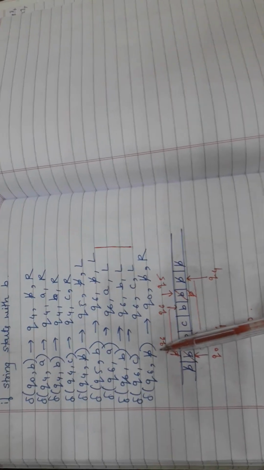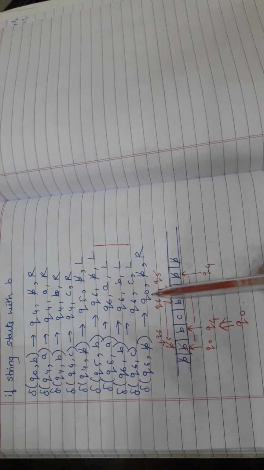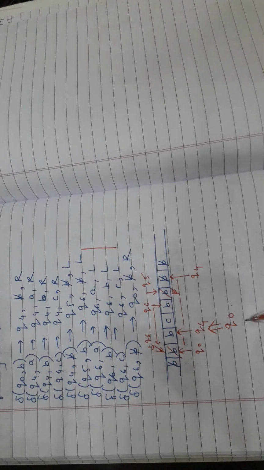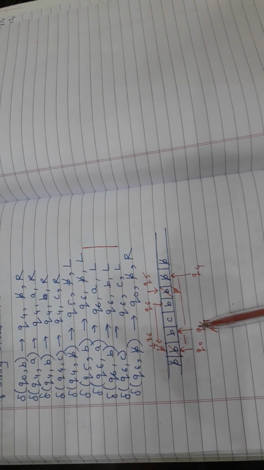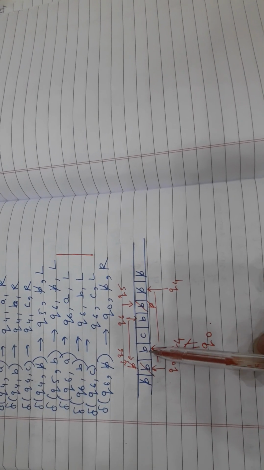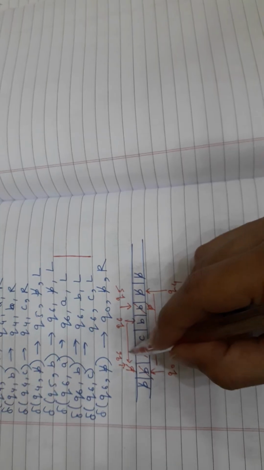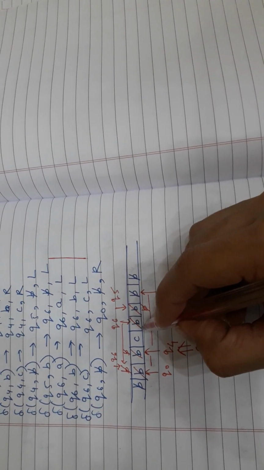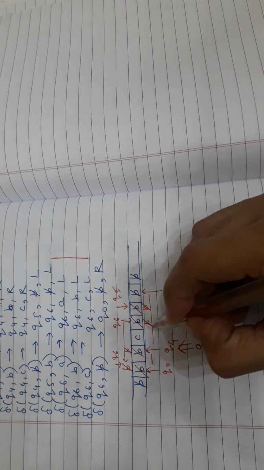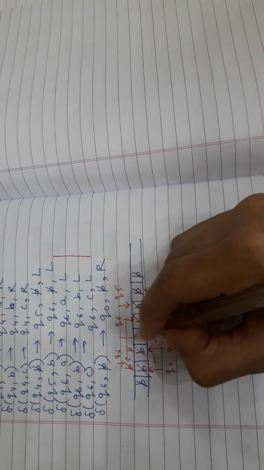As soon as Q6 receives a blank, we make it Q0 here, blank remains blank and we move in the right direction. So again, if Q0 receives B here, this will be changed to blank, state change, go back, this B will again get changed to blank, and where will we land?